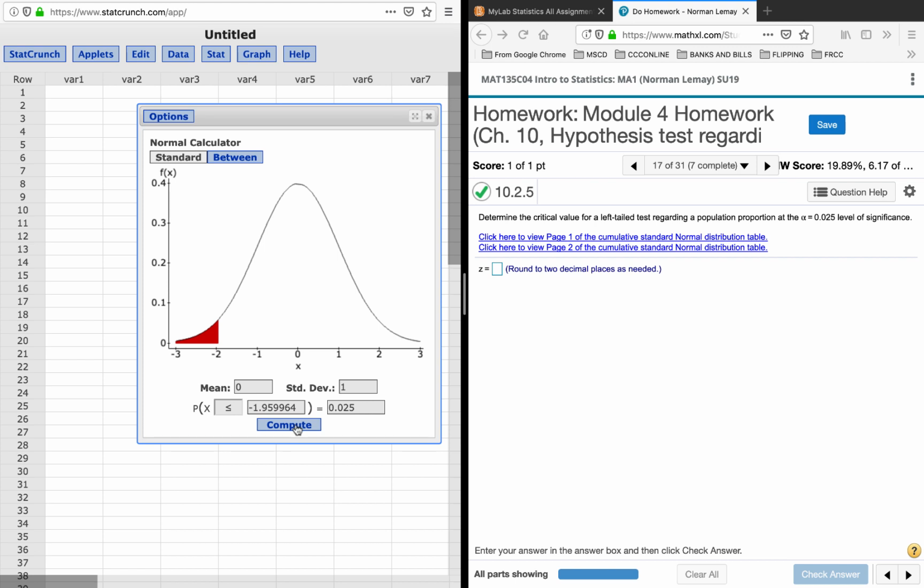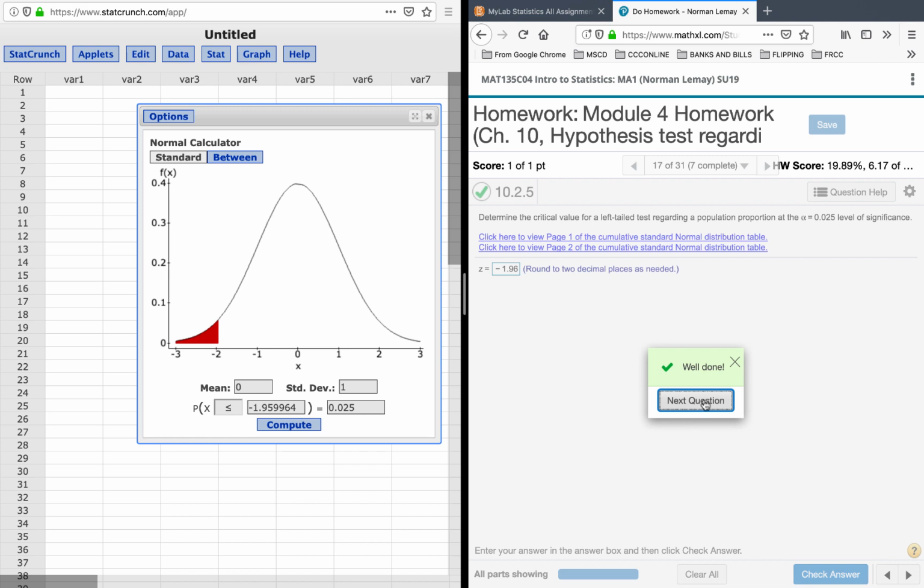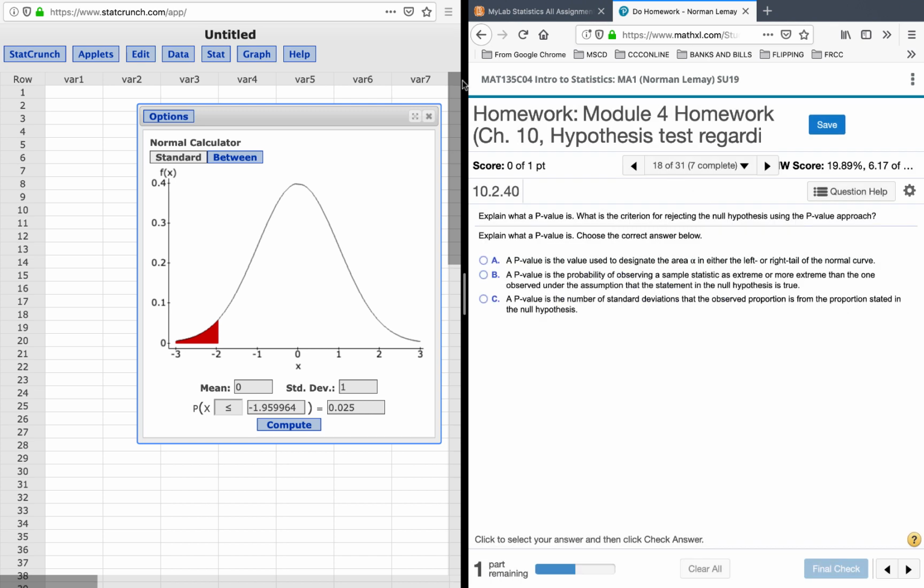So this is a negative 1.96. We'll tag along the sign here. So negative 1.96. Click check answer. And there we have it. Whether you're doing this for a mean or a proportion, this is exactly what you would do to find the critical value.